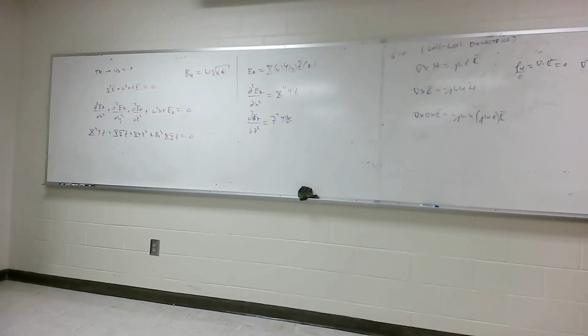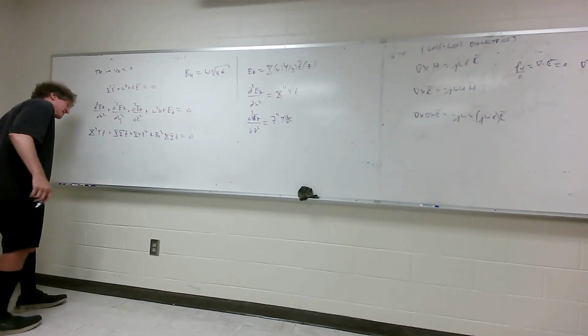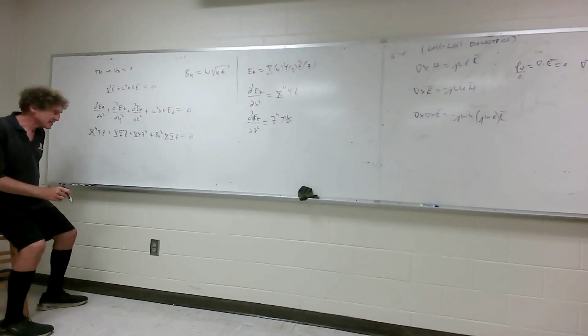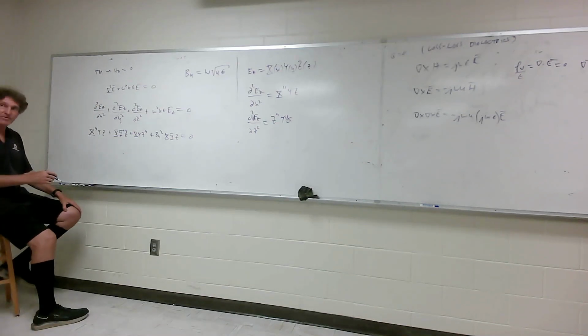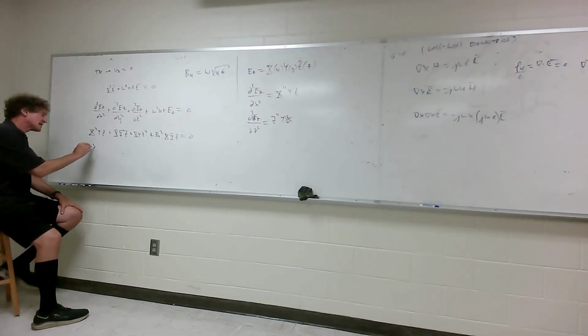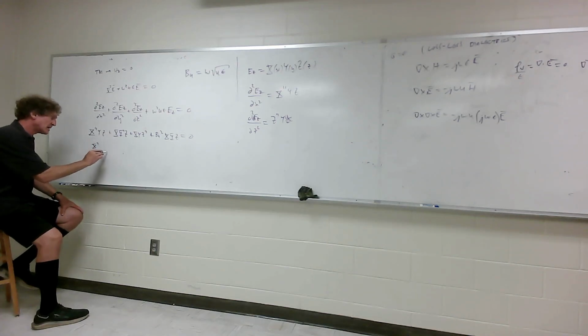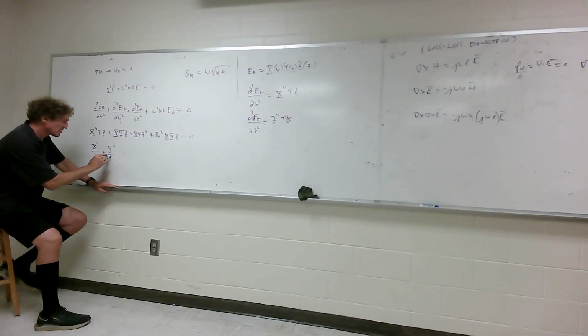And now we do the magic here. This is a neat thing. We divide everything by X, Y, and Z. When I do that, what do I get? I get X double prime over X plus Y double prime over Y, right?